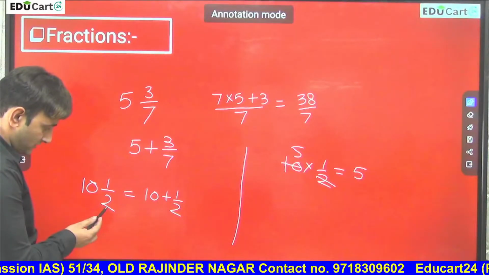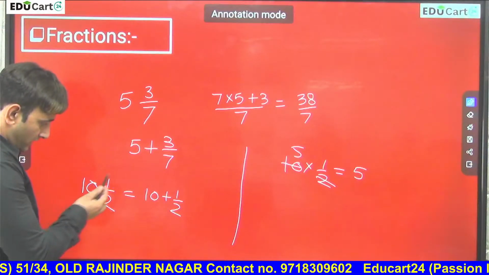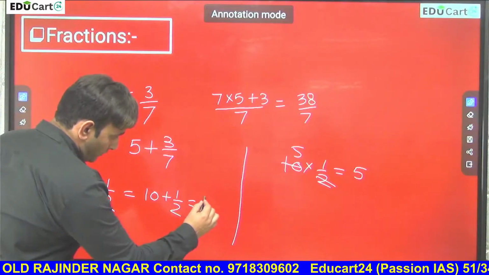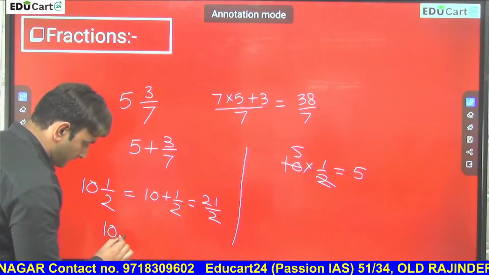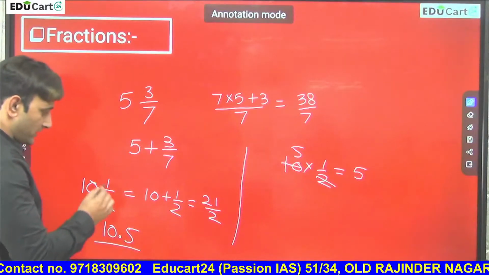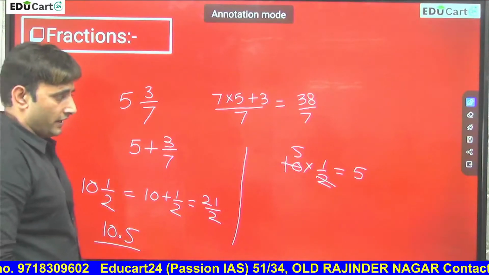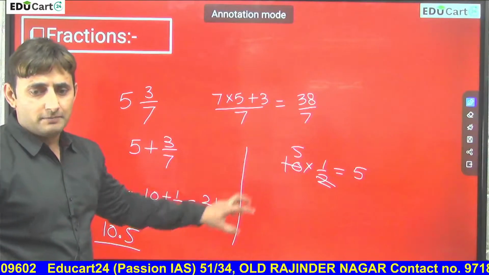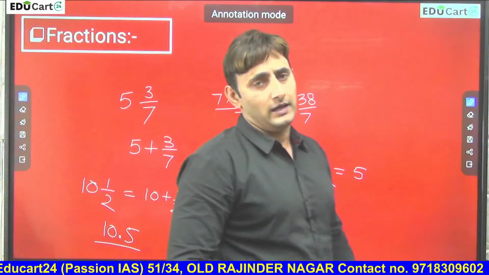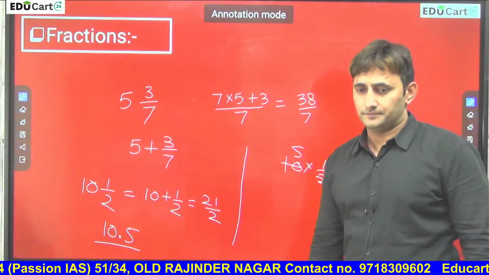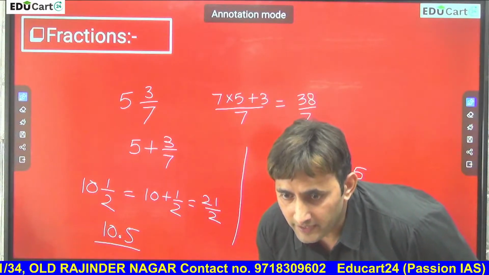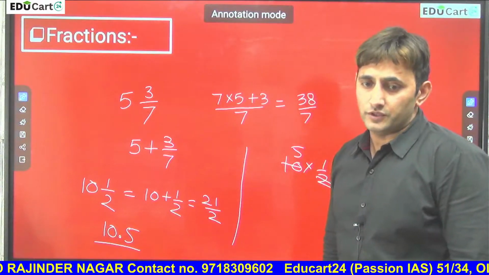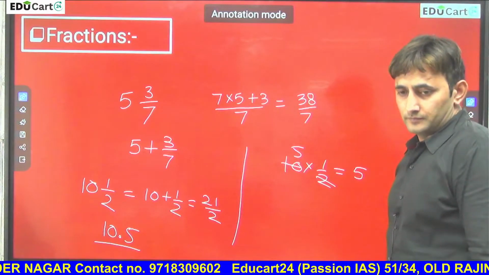You can write this as 2 10s are 20 plus 1, 21/2, or you may write it as 10.5. So don't simply cancel out like this. Only when it is a product, in multiplication, can you cancel out. Okay. 21/2, not 21/10. Yes, Uma. Good.